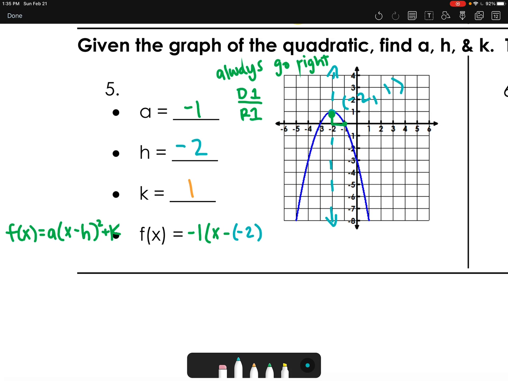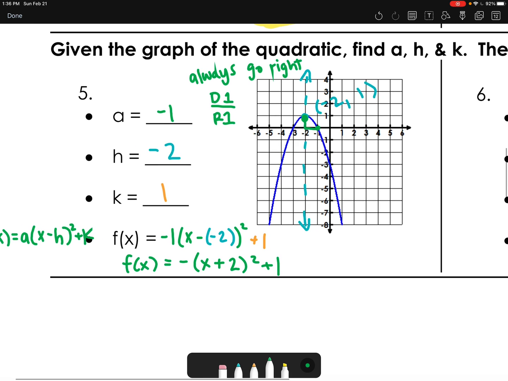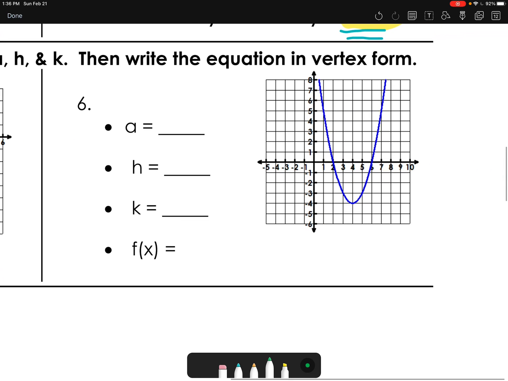This is where you can see that the sign changes when you have subtraction. We're going to simplify this in a second, but that's why it goes in the opposite direction here. So x minus -2 squared plus 1. I'm just going to rewrite this as f of x equals negative x plus 2 squared plus 1. You can check it by looking at the transformations and seeing if they match your values at the top there. But that is how you write an equation when you're given the graph.